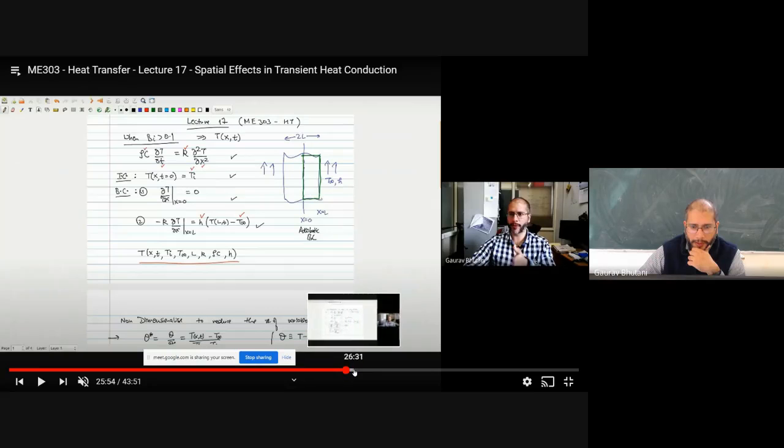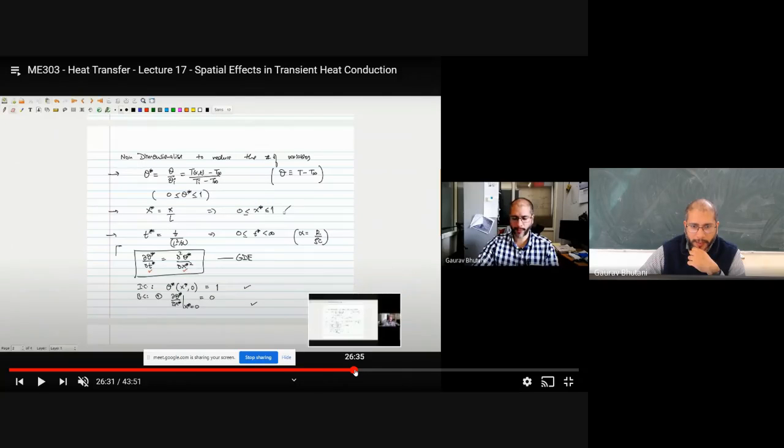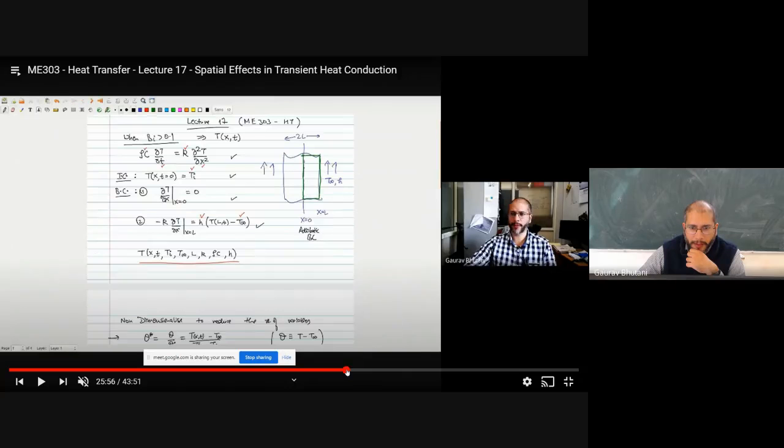So let's look at our time dependent system. Right. So you see this boundary condition number 2. Is that clear? So this was for the dimensional system.